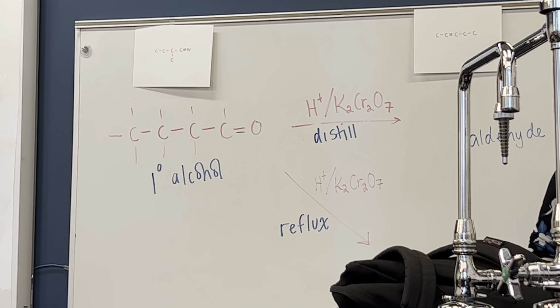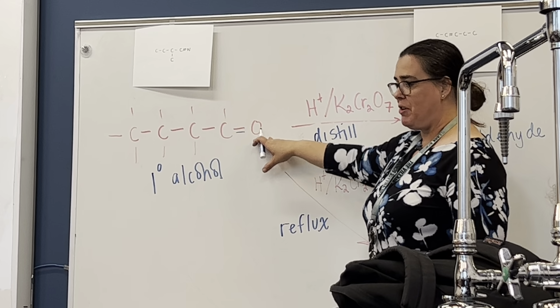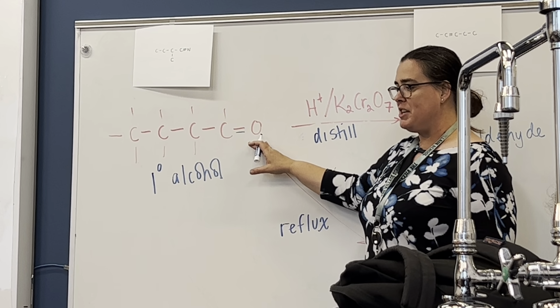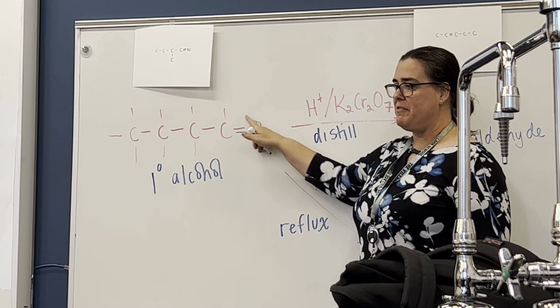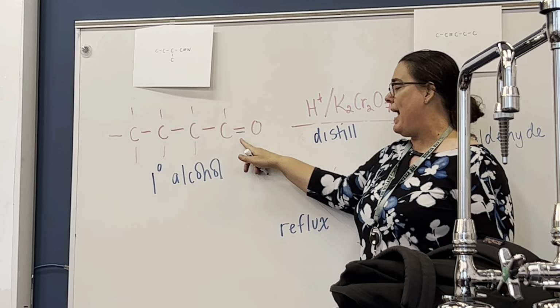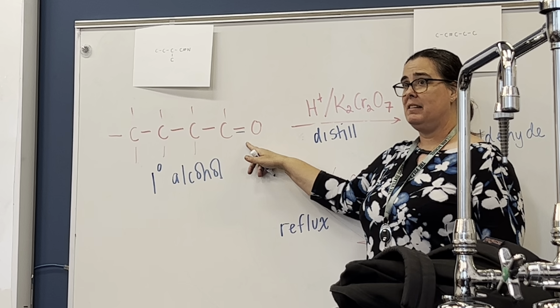I cannot show you how the electrons are moving around or why those H's magically go away. But what is important, and the reason that I defaced my structure over here, is because I want you to know, believe, recognize that the location of the alcohol is the same as the location of the aldehyde.